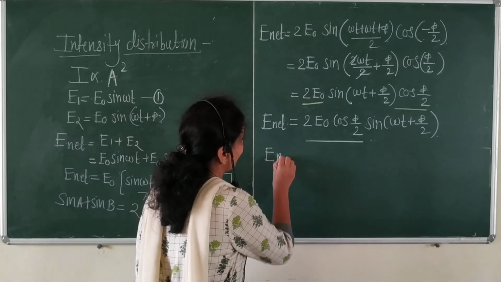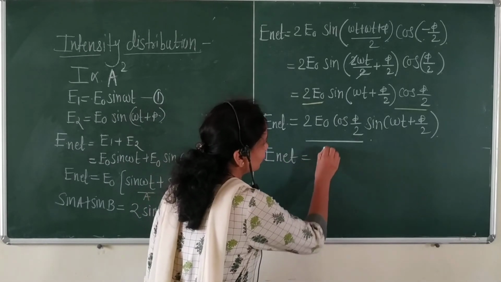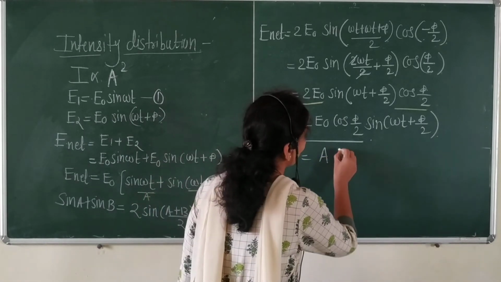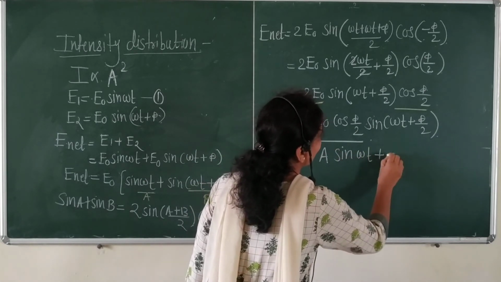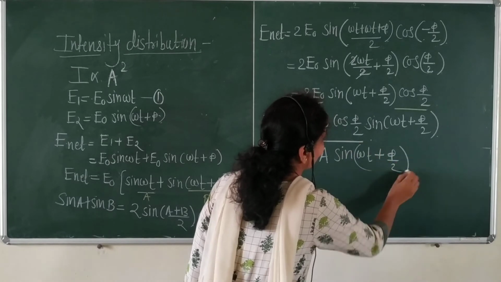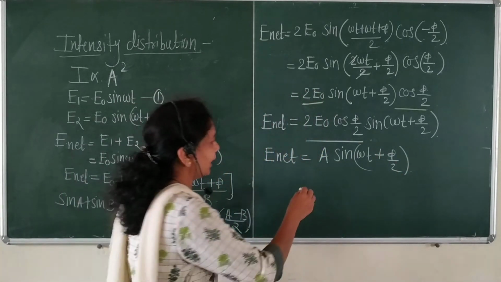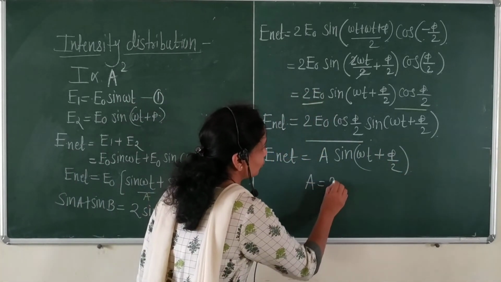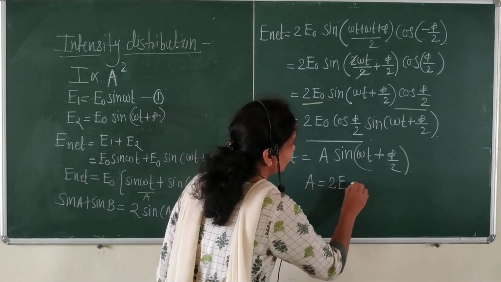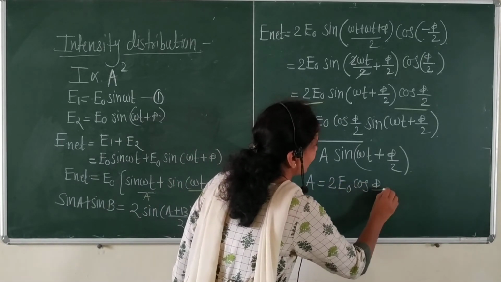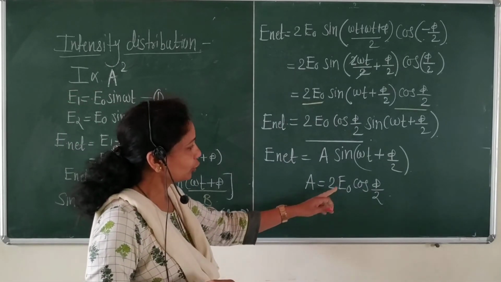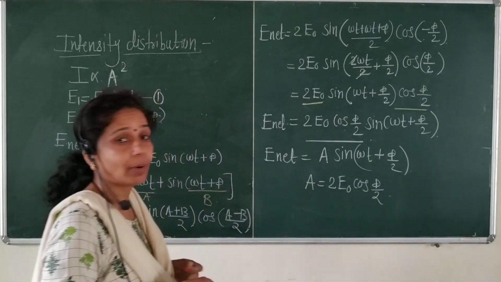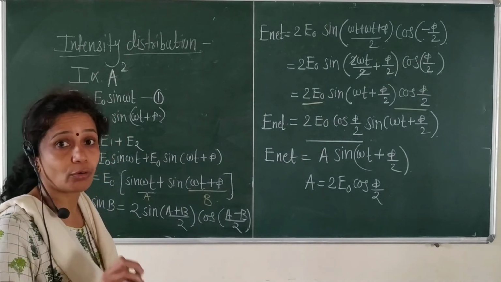Therefore, we can say that E net is equal to capital A, the amplitude of the wave, sine of omega t plus phi by 2, where A is equal to twice E naught cos of phi by 2. This is the amplitude of the wave.